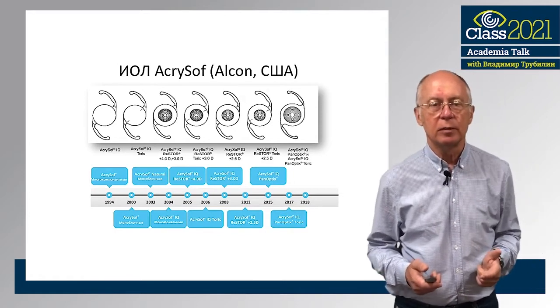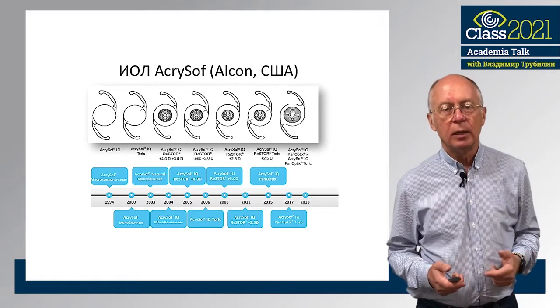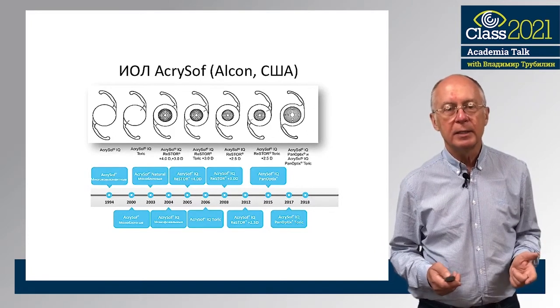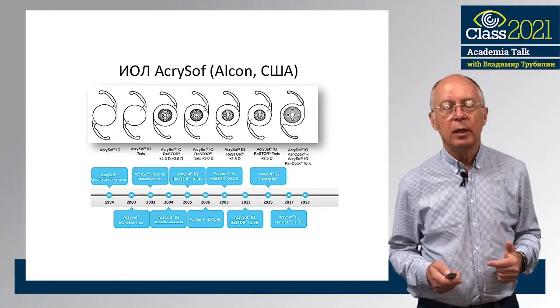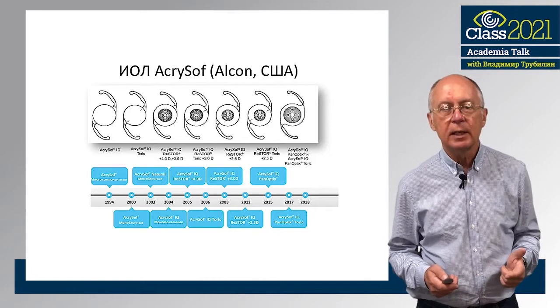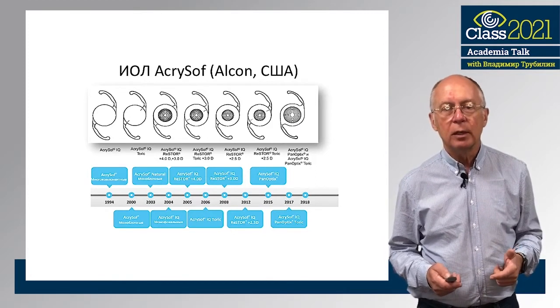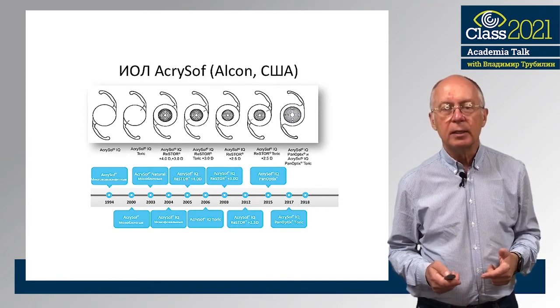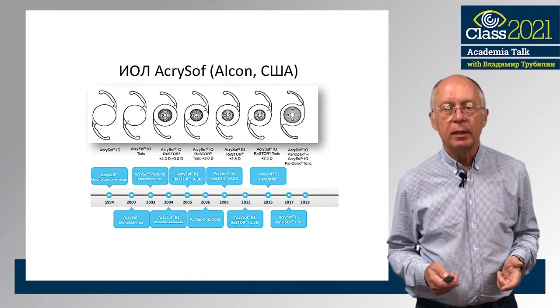They were followed by spherical optics lens, Acrisof IQ, and later by Acrisof IQ with toric design. Finally, in 2004, Restore lenses were introduced to the market with an add power of +4 diopters and were approved by the FDA only in 2005. I've been using them in my clinical practice since then.